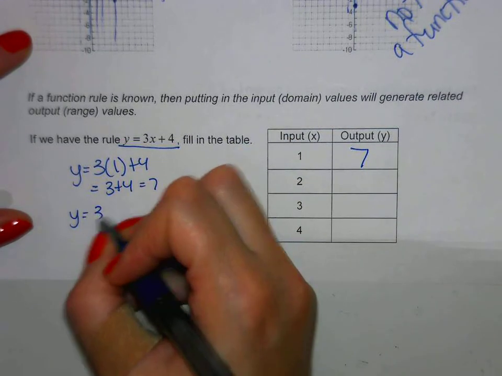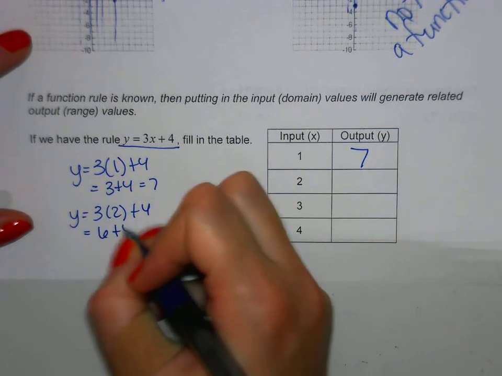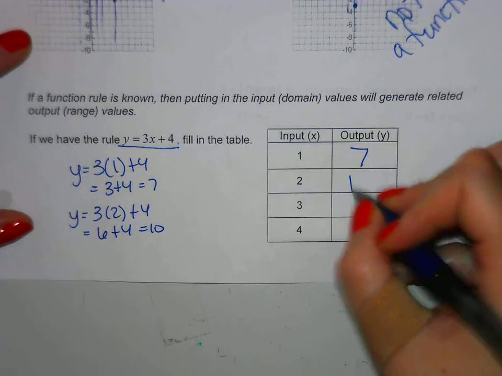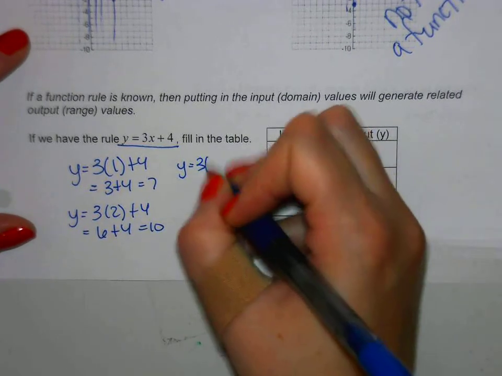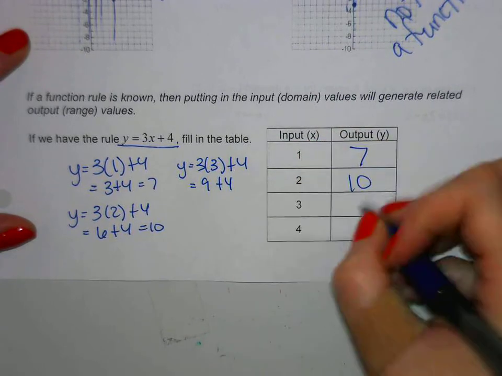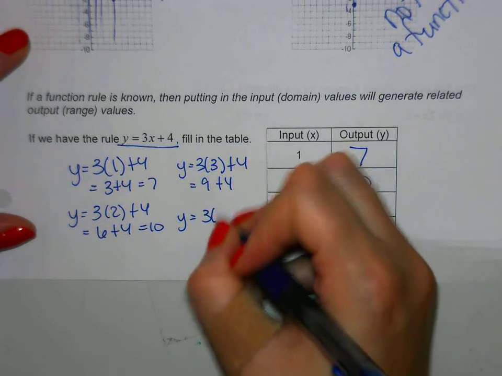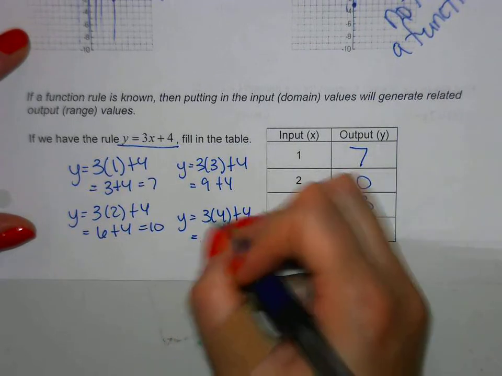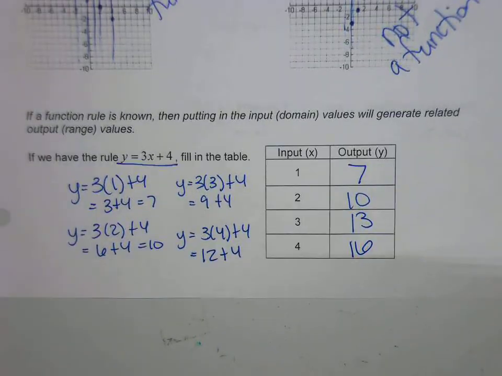I input 2: 3 times 2 is 6, plus 4 is 10. Input my 3: 3 times 3 is 9, plus 4 is 13. 3 times 4 is 12, plus 4 is 16.